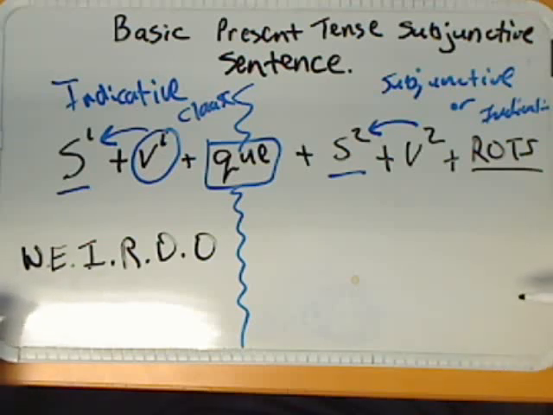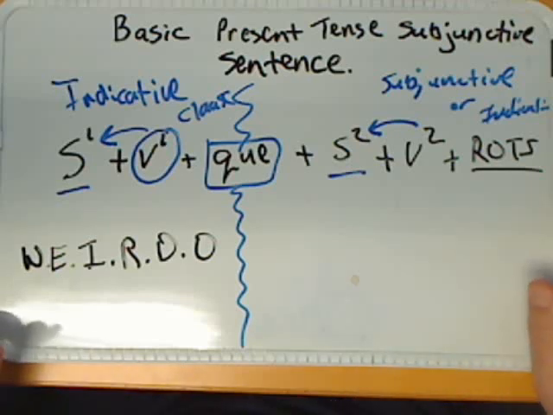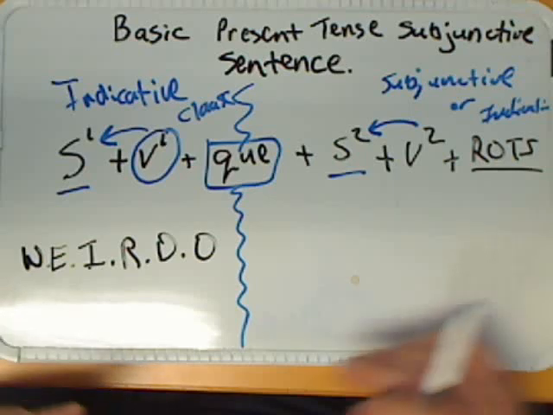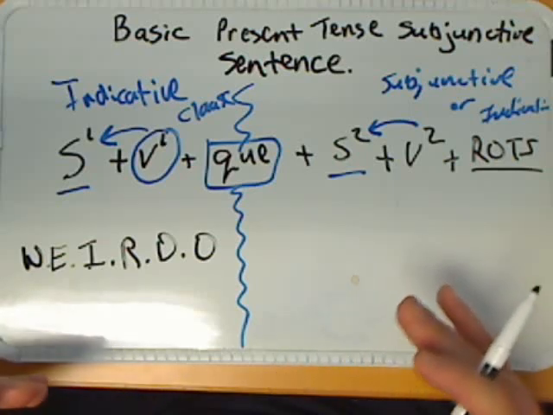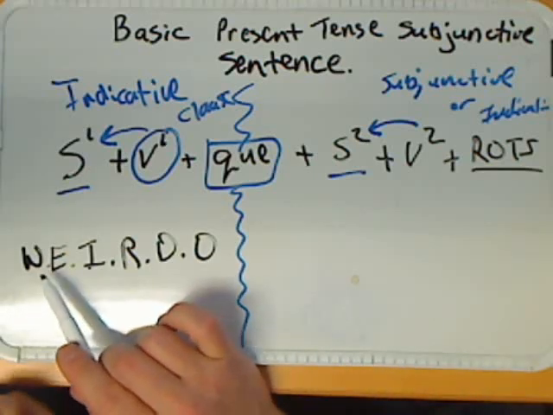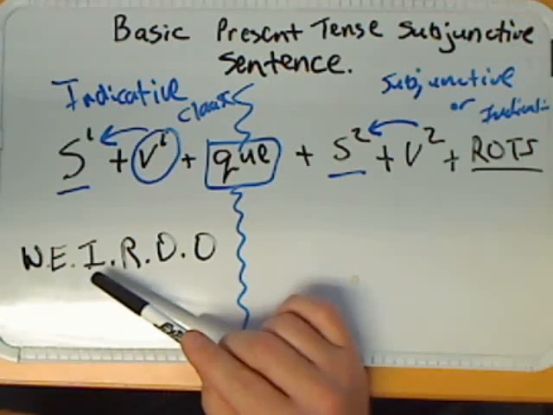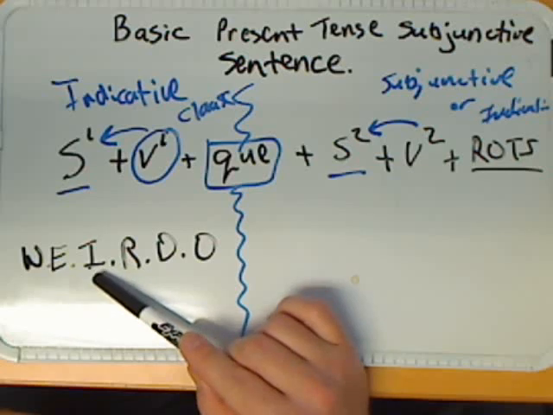I think it's a method that is really useful in order to teach the basic subjunctive sentence, present tense subjunctive, and then also when you go into the imperfect subjunctive sentences. In W.E.I.R.D.O., the W stands for wishes and wants, the E stands for emotions, and the I is for impersonal expressions that state an opinion, qualifying impersonal expressions, sometimes implied command.